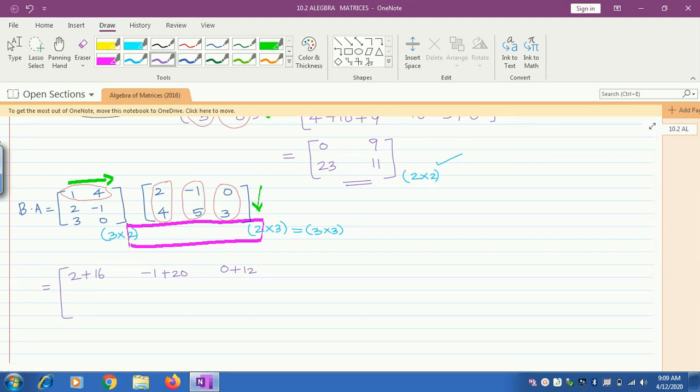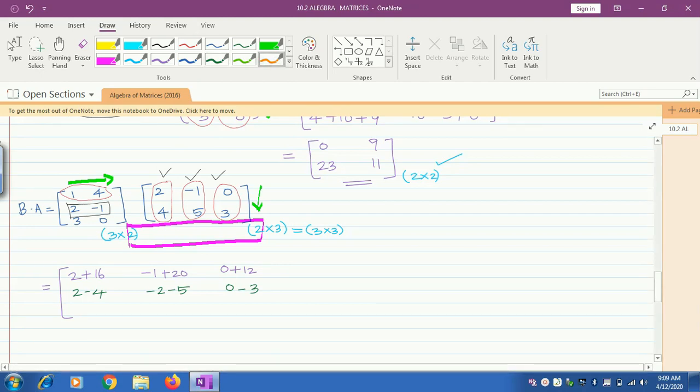Next I have to take the next row and multiply with all the columns. So what happened here? This is equal to 2 into 2, which is equal to 2 minus 4, and here we will have minus 2 minus 5, and the last one 0 minus 3, and then we will take the last.